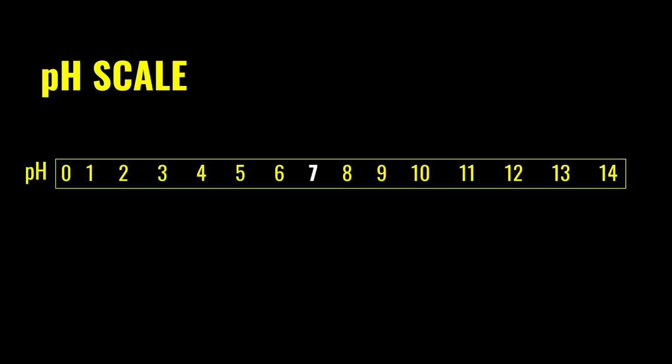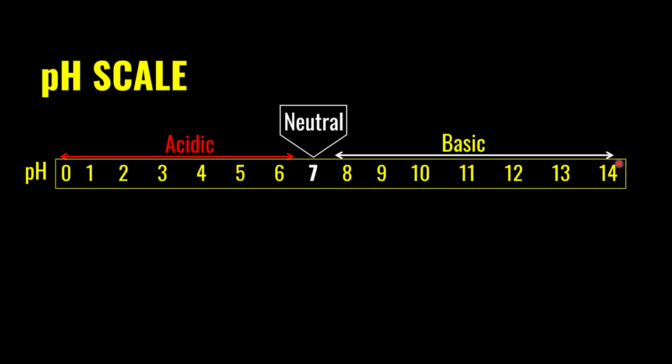Using the pH formula, a scale has been developed which is known as the pH scale. It ranges from 0 to 14. It has been developed based on the ionic product of water, which is 10 raised to the power minus 14. Solutions which have pH close to 7 are called neutral, those which have pH less than 7 up to 0 are acidic, and those which have pH higher than 7 up to 14 are called basic solutions.